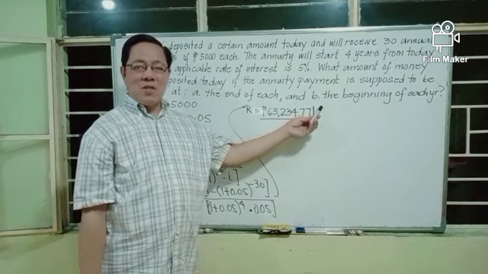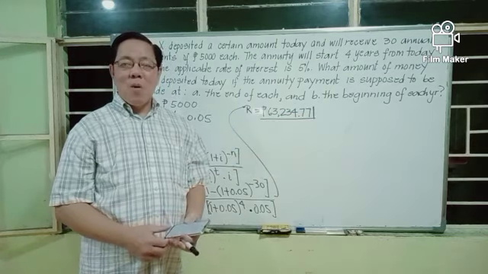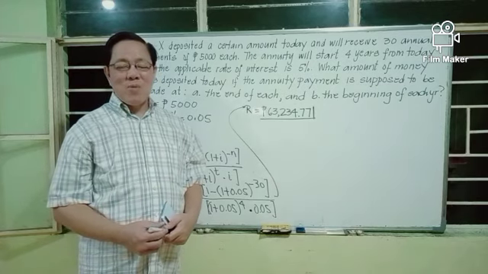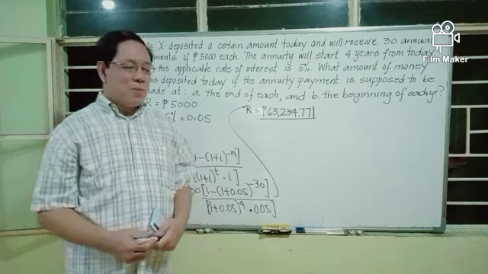Now, if Miss X will receive the same amount, 5,000 pesos, but she will receive it at the beginning of each year, we calculate how much Miss X has to deposit today, and we treat this deferred annuity as annuity due.